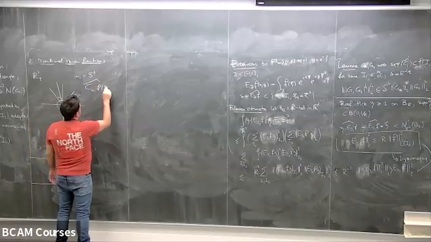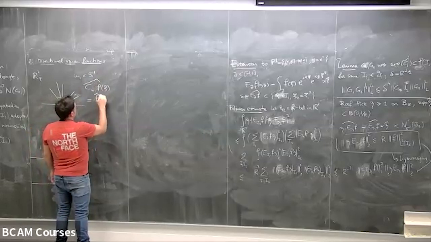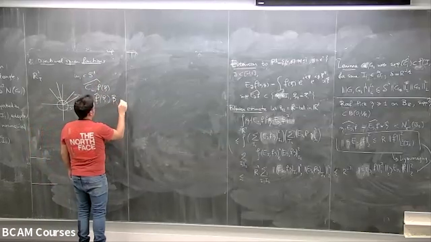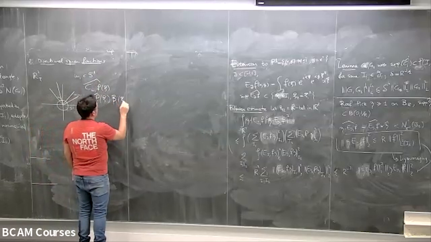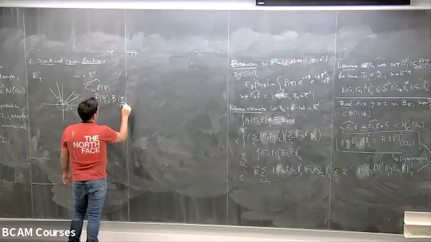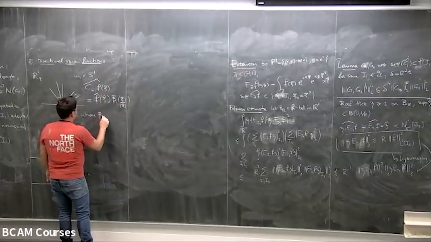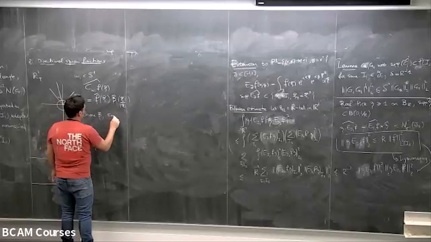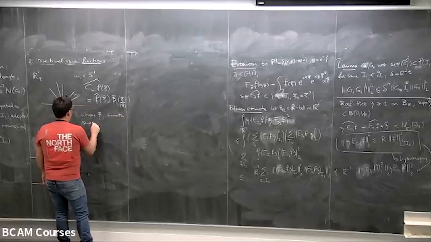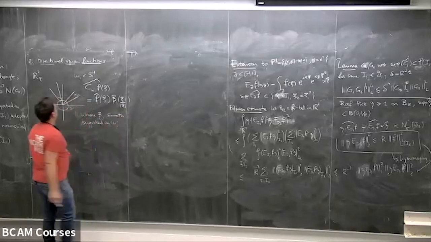I tell you what the Fourier transform is: f hat of psi times beta j of psi, where beta j is smooth and supported on omega. Okay.